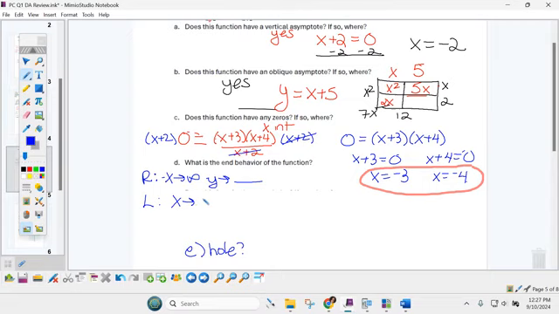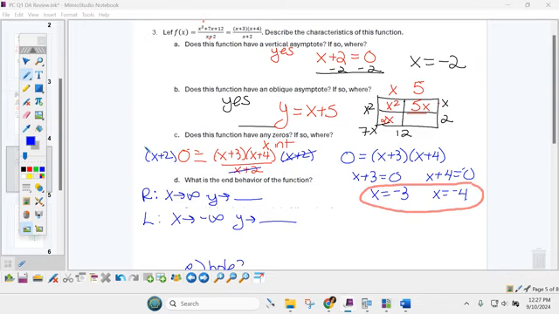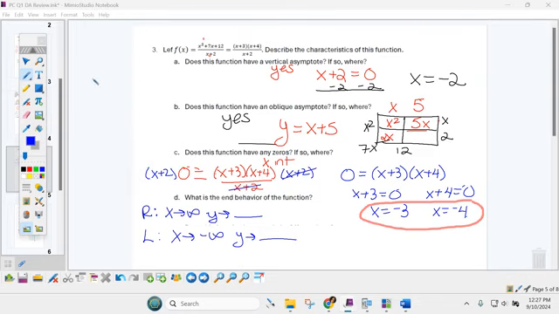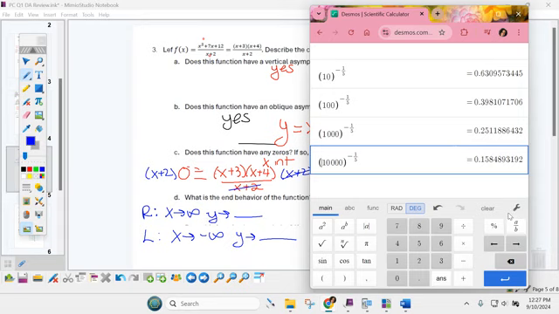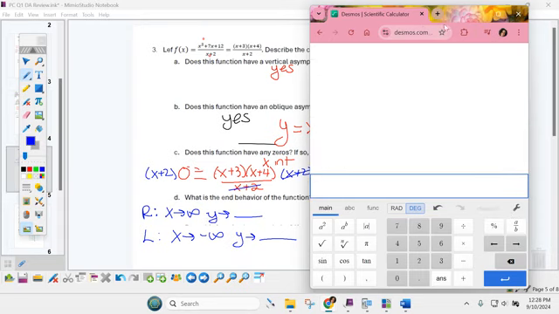For the left, x goes to negative infinity, y goes to, this looks like negative x. All right. With a slant asymptote, I got to figure out which way the graph's going. Is it going to go up to infinity or down to infinity? So let's use this again. Clear.